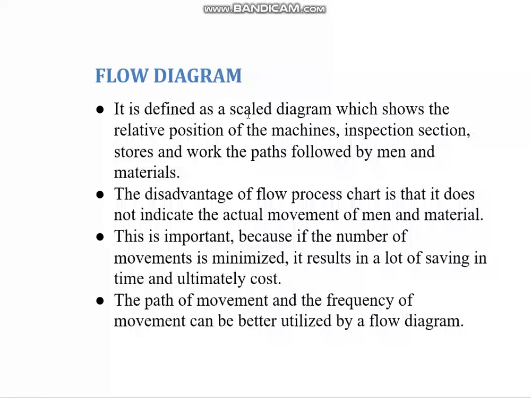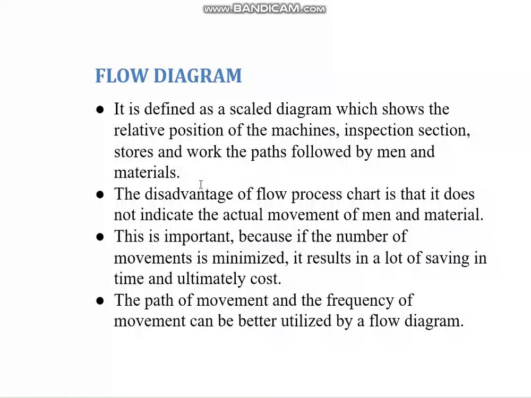It is defined as a scaled diagram which shows relative position of the machines, inspection section, stores, work, the paths followed by men and materials. All these things, where the machines are, where the inspection section is, where the stores are, and the paths followed by the men and materials are.